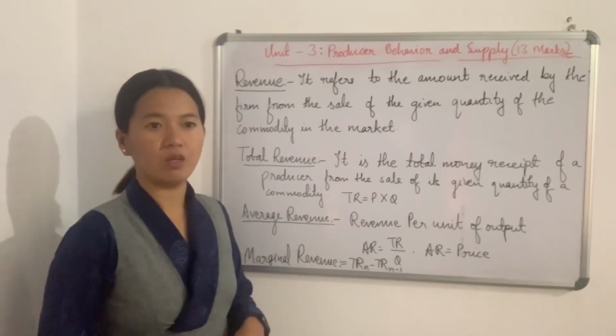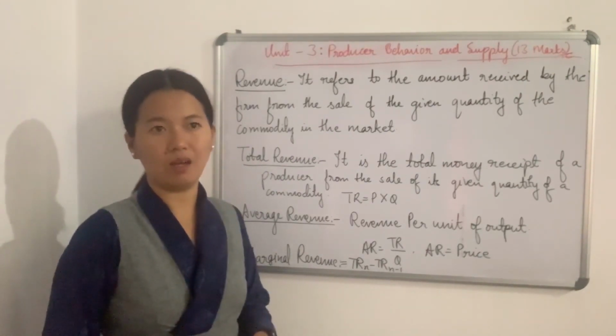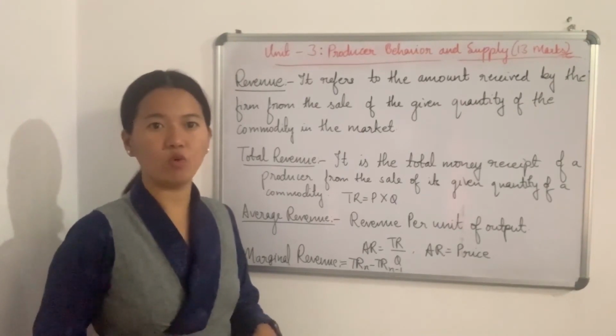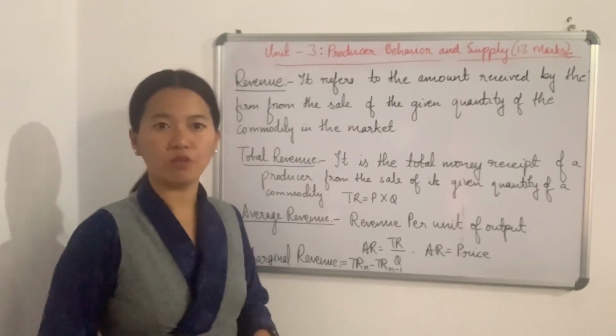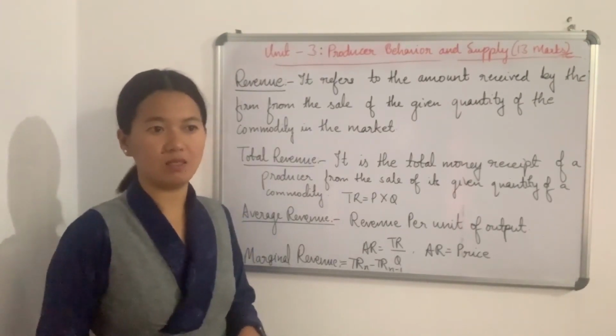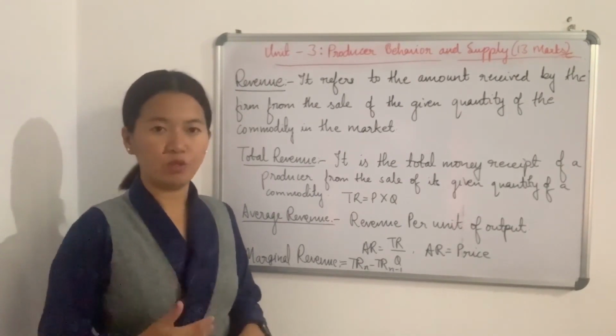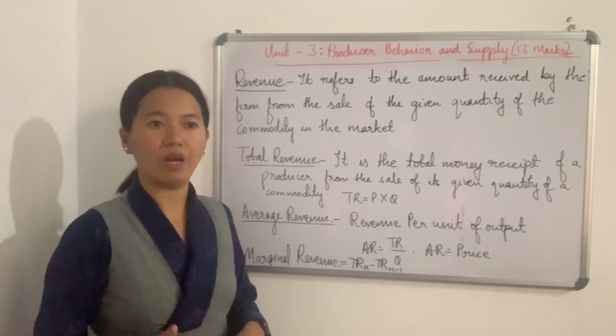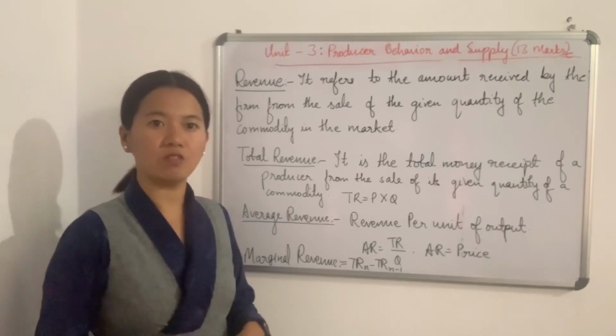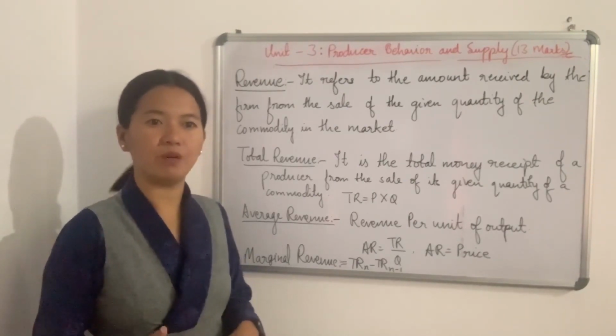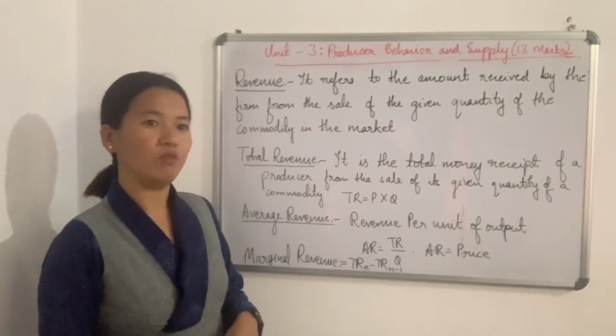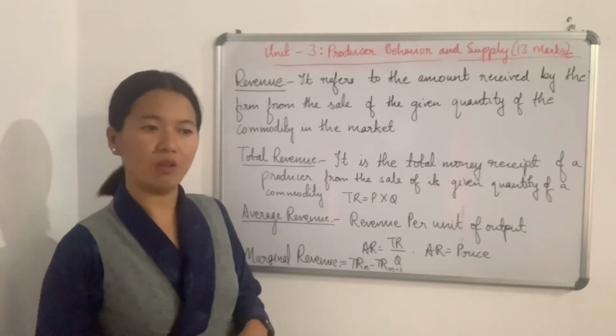Suppose the producer tries to sell 5 units of a pen, and the price of each pen is rupees 10. So when he sells 5 pens at rupees 10 each, the total revenue he receives is 50 rupees, 5 into 10.